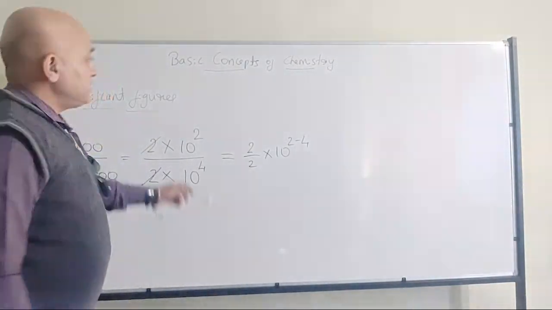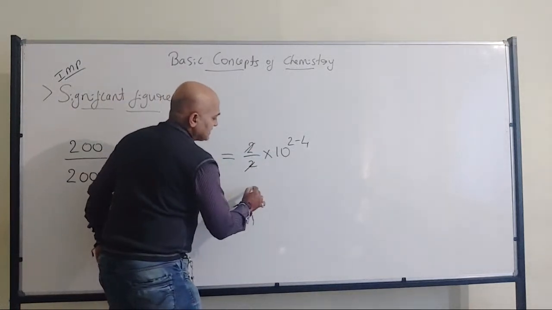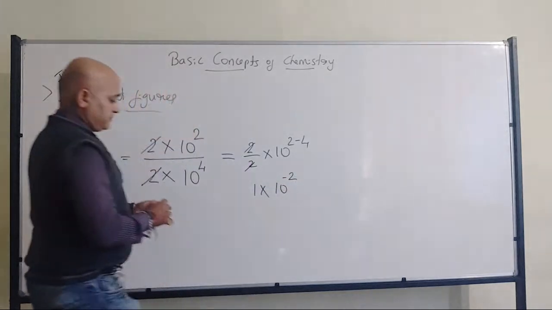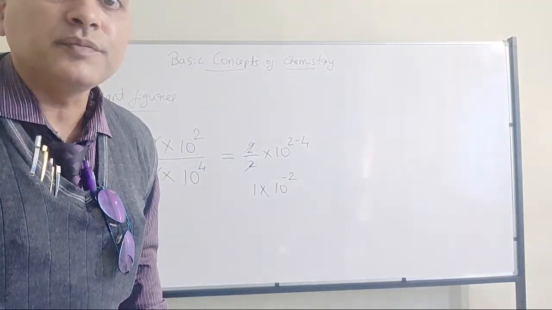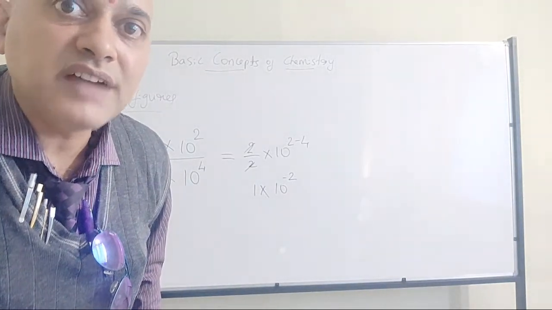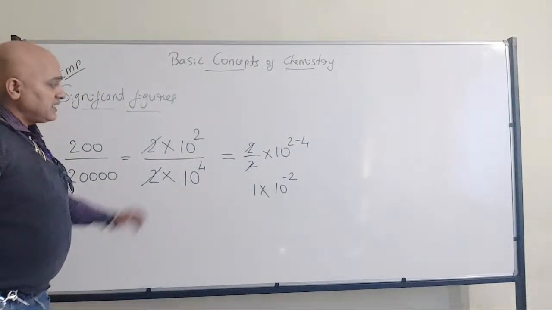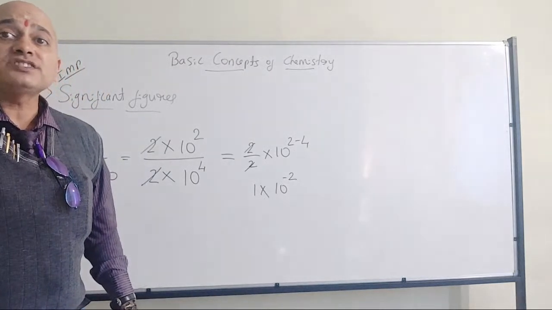So therefore, 2 minus 4, that is nothing but, it will get cancelled. 1 into 10 to the power of minus 2. Right? So that's where Nanjunda Swami and Pratik, you people are correct. So that's where I have the 1 into 10 to the power of minus 2.